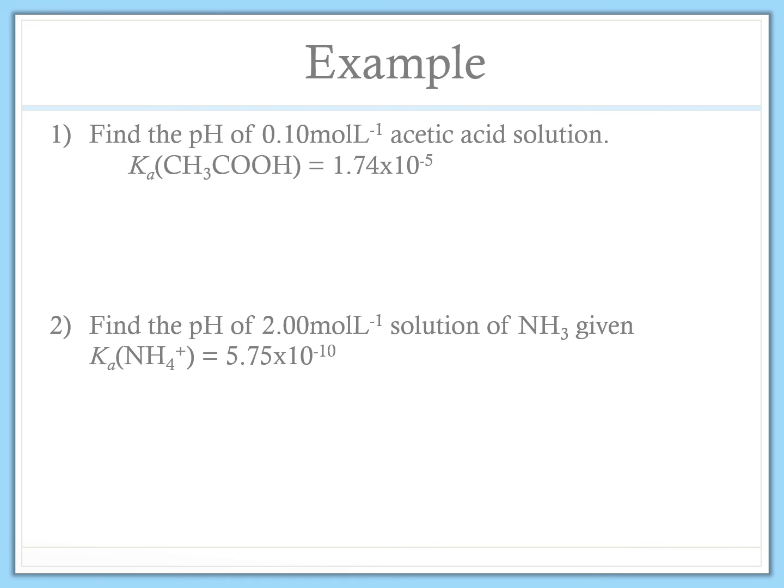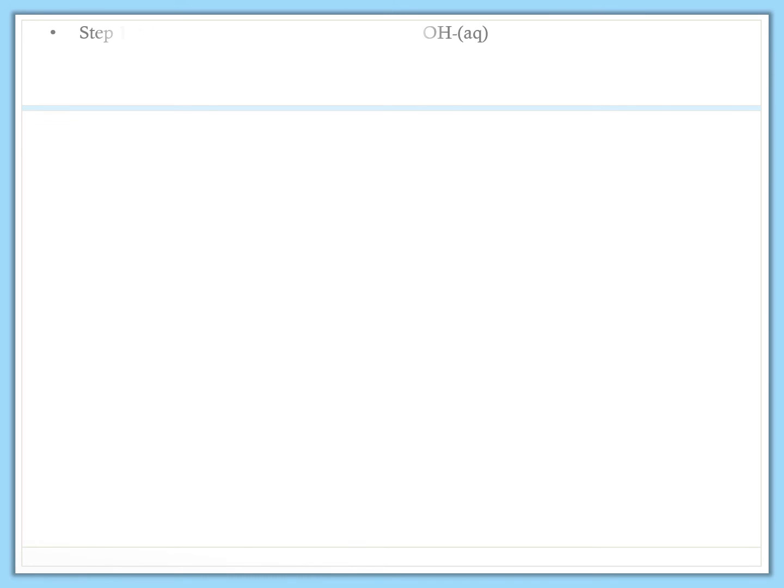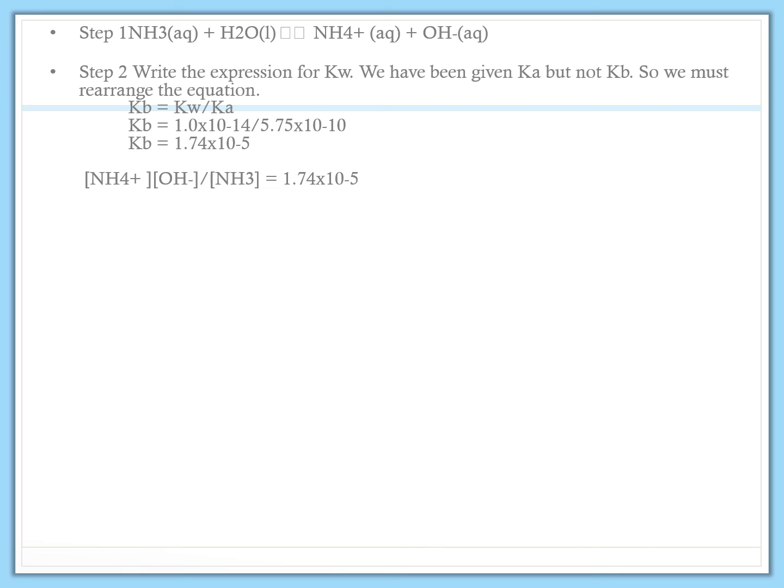So, for example, we've got these two questions here. I'm going to go to the next page because that's where I've got my work. So, first thing we want to do for the first one is write out the equilibrium equation. NH3 plus H2O is in equilibrium with NH4 plus and OH minus.